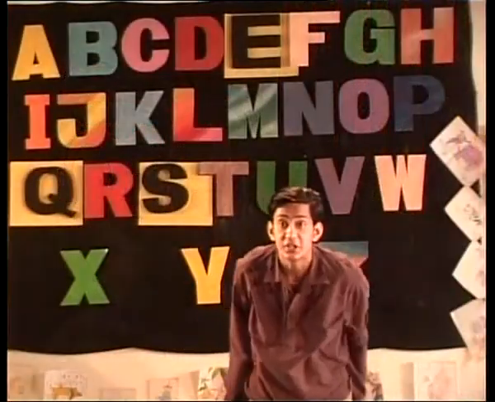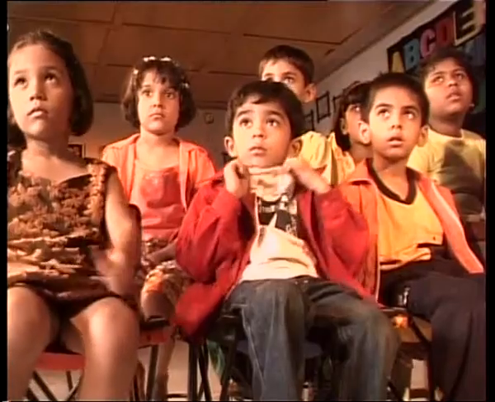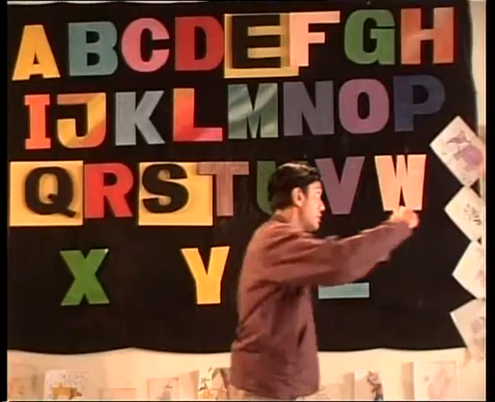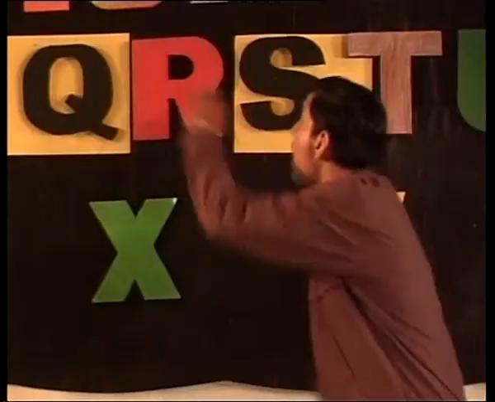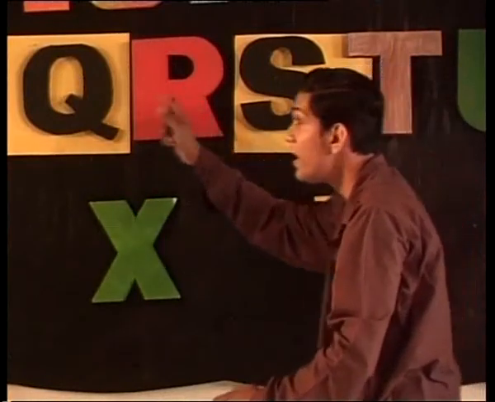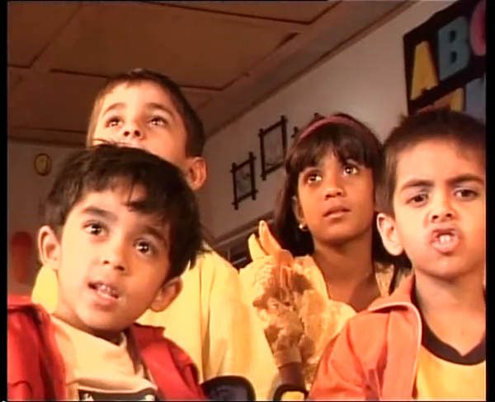Okay, kids. Now let's see what comes after Q. So, let's find out. L, M, N, O, P, Q, R. Hey, after Q comes R. So, kids, let's see how to write R. Now, kids, I will show you how to write R. So watch me carefully.